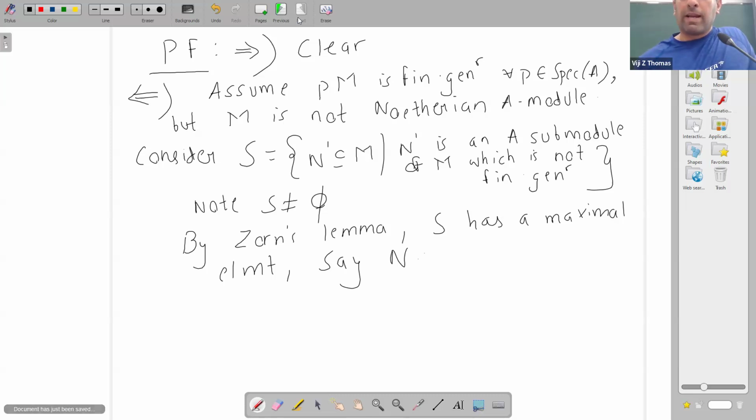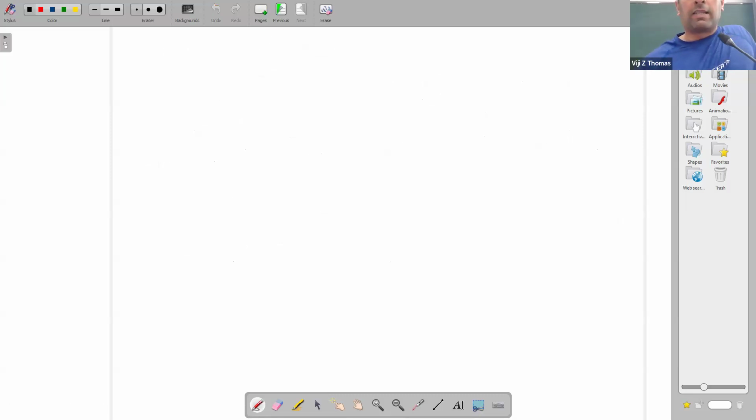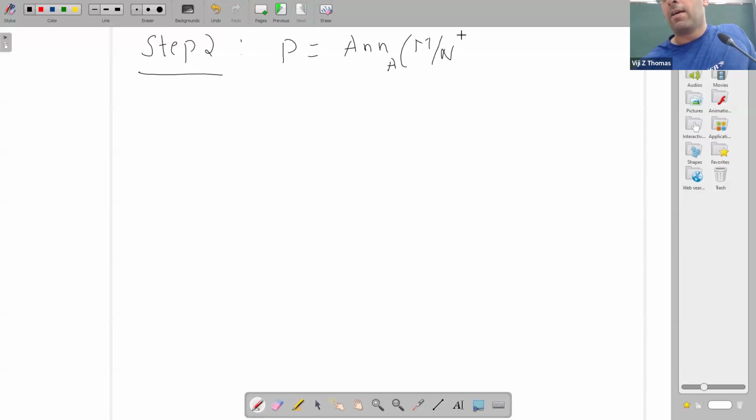So I'll go to the next page. Now let's write it as step 2. What was step 2? That we wanted to show that this P, the annihilator of A, M mod N, is a prime ideal. Okay, good. So to show it's a prime ideal, we'll follow the same process like yesterday.